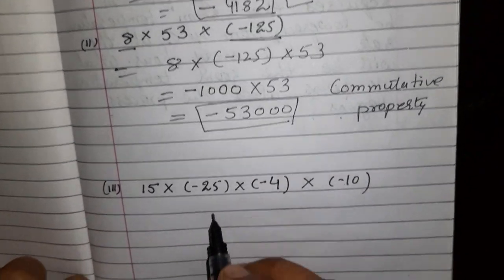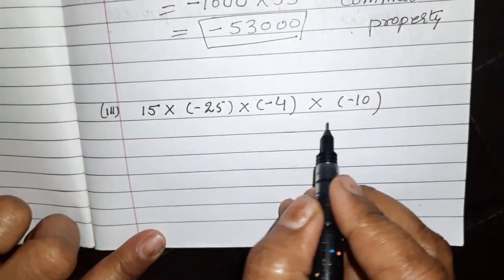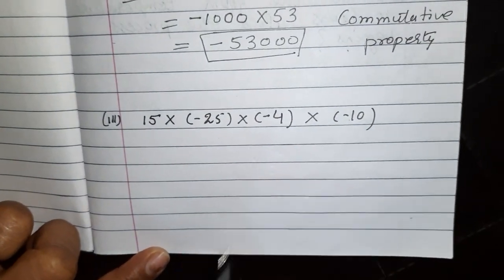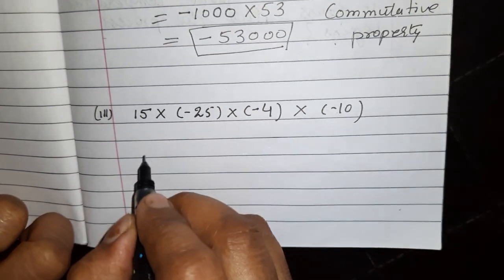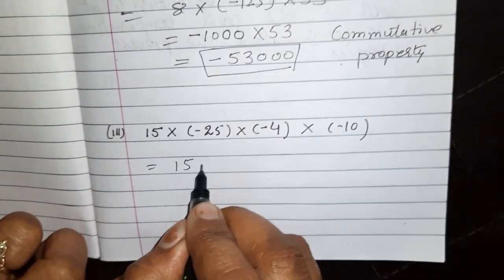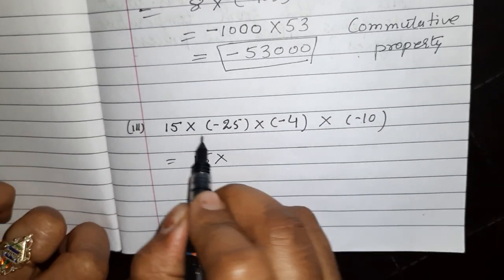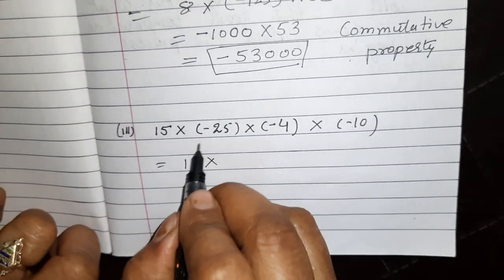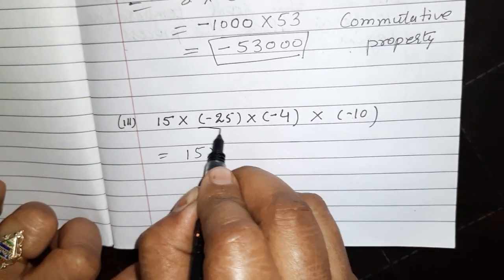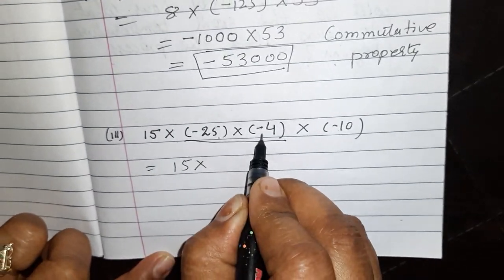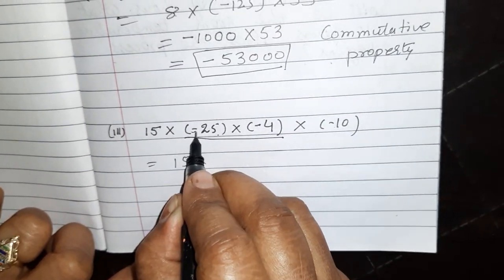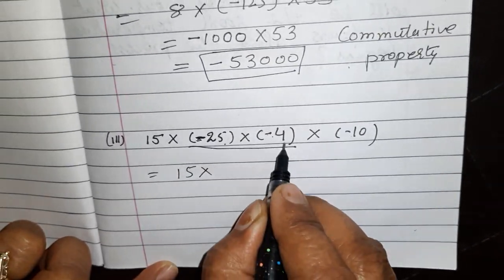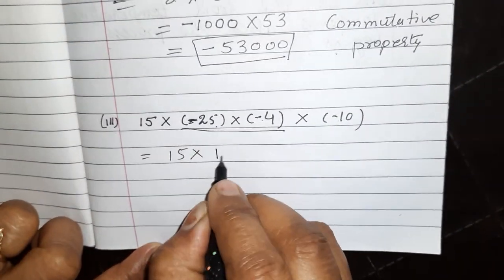Now come to this question. Here also you have some multiplication. So how to do it so that it will become so easy? Now see, when you multiply 15 with 25, you have to do long multiplication. So when you multiply these two first, minus 25 into minus 4, both are minus, so the answer will come in plus. 25 fours are 100.